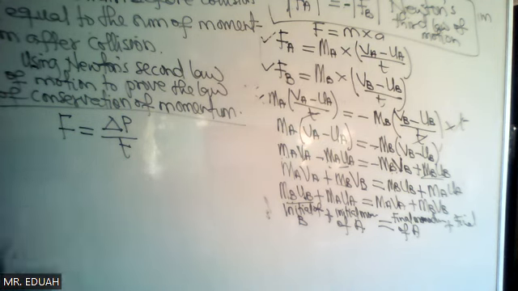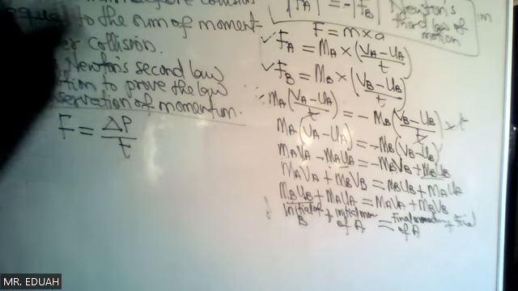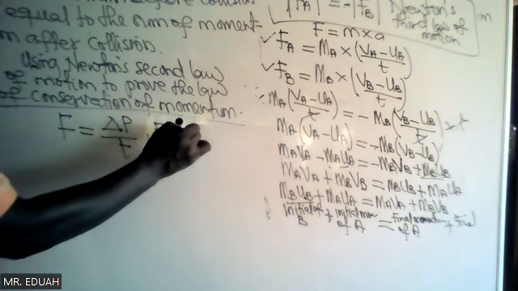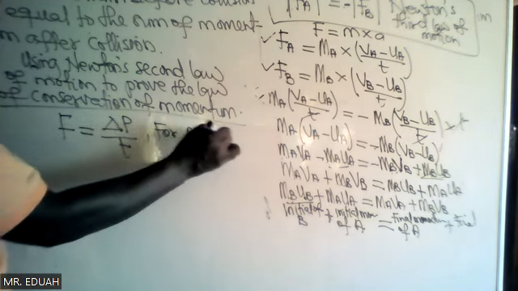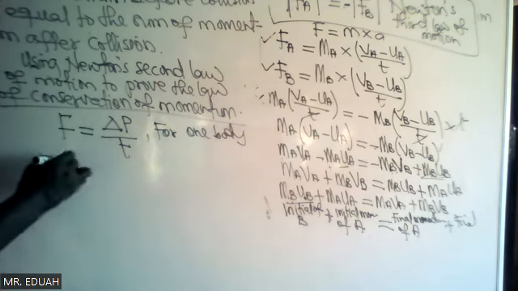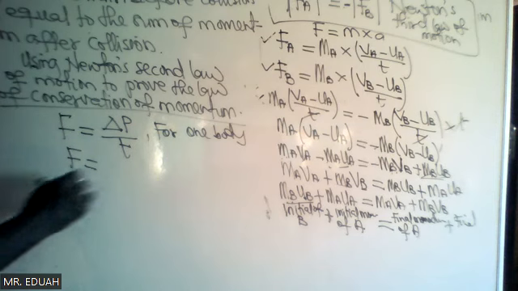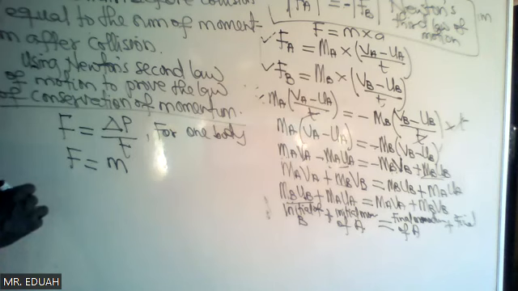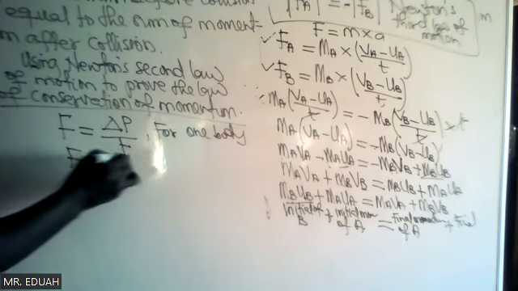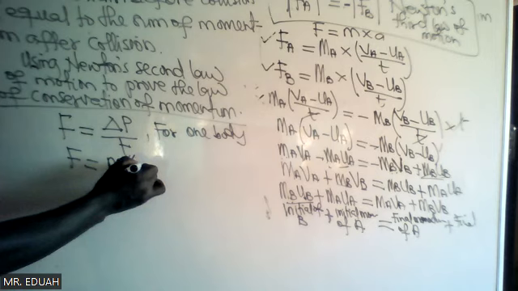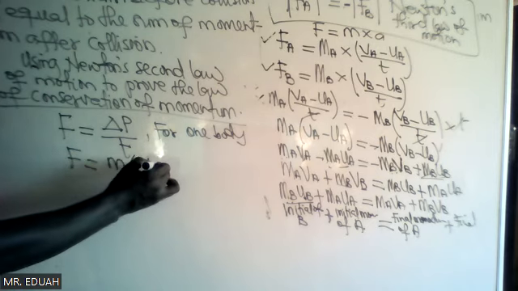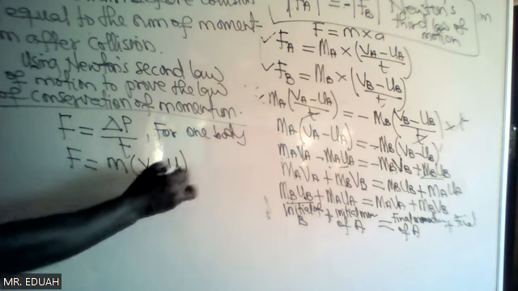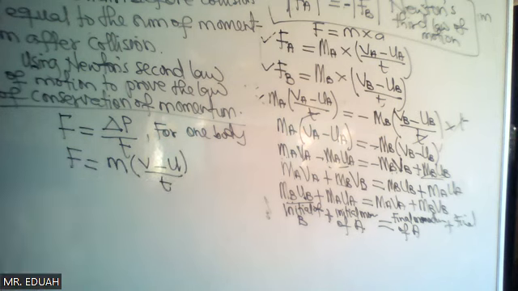Now let's assume we are dealing with one body, or a single mass. We can relate it to this. F is equal to change in momentum. So for one body, the constant mass times final velocity minus initial velocity, all divided by time.